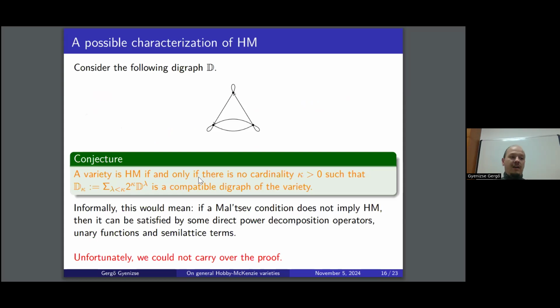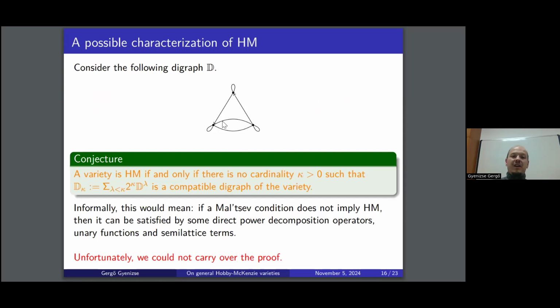So we have done this, I think, maybe 1.5, 2 years ago, and from this we wanted to go to Hobby-McKenzie, because this seemed to be the logical continuation. And first we saw that we only have to change the graph. So instead of C, we are adding a backwards edge.